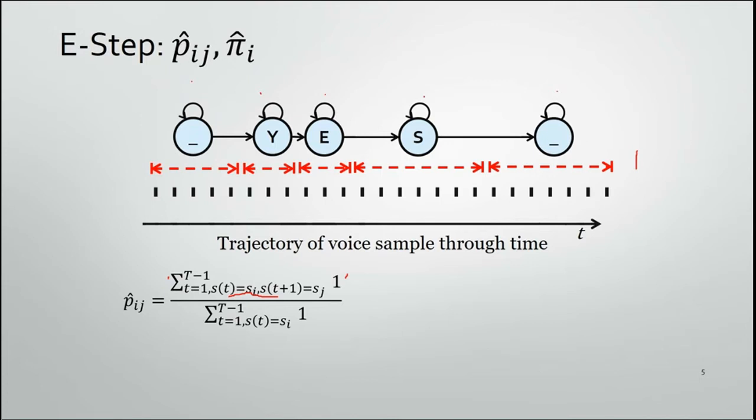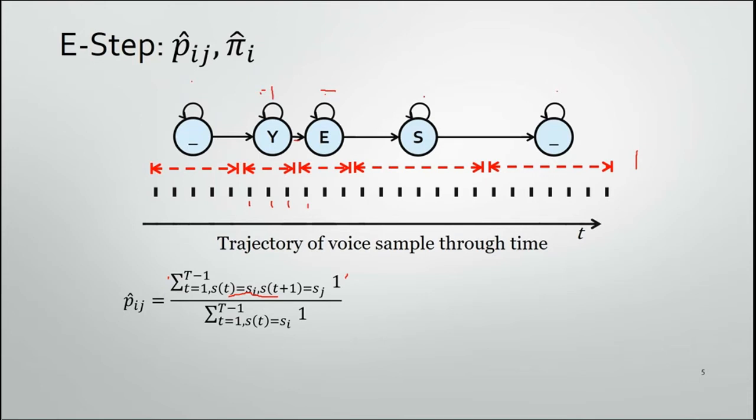let's look at this transition from state Y to state E. It stays for 3 time steps in the state Y before it transitions to state E. Therefore, the probability of transition from Y to E is 1/4, and so this probability is 1/4 and this probability is 3/4.